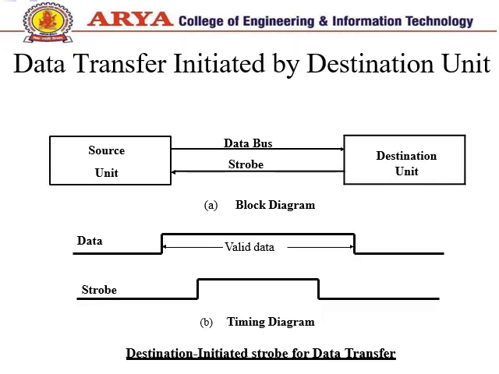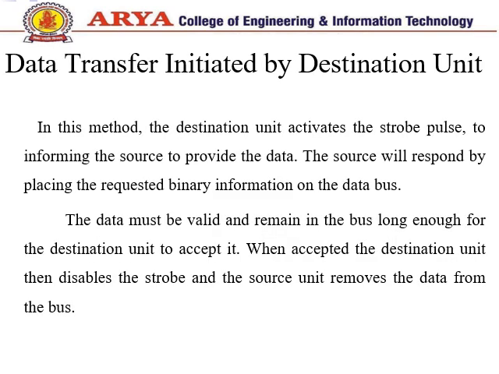This is the second diagram. Destination initiated strobe for data transfer. There are source and destination. The data bus is from source to destination and the strobe signal is from destination to source. Second is the timing diagram. Data transfer initiated by destination unit. In this method, the destination unit activates the strobe pulse to inform the source to provide the data.